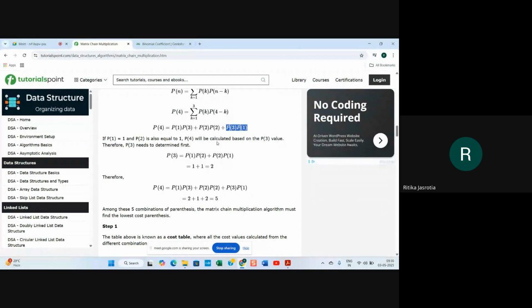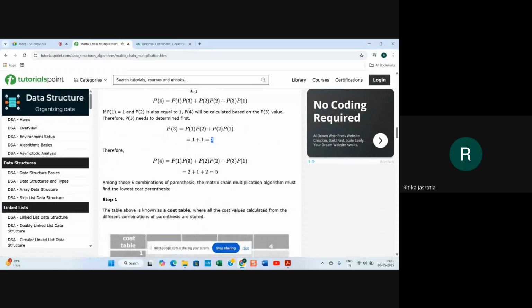We calculated P3 as 2 and P1 is 1, so 2 into 1 is 2. P2 into P2 is 1 into 1, which is 1. And P3 into P1 again is 2. So 2 plus 1 plus 2 is equal to 5.